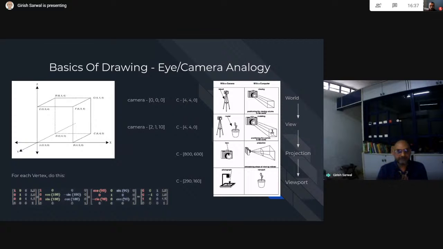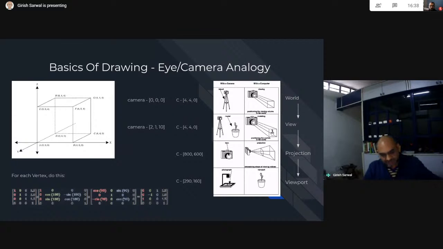The easiest way to figure out how a 3D object gets converted into 2D space is by understanding how a camera works. The graphics I've used here are probably from a book that's about 25 years old now. So this is not a new concept. It's a very old concept, but it keeps coming back.